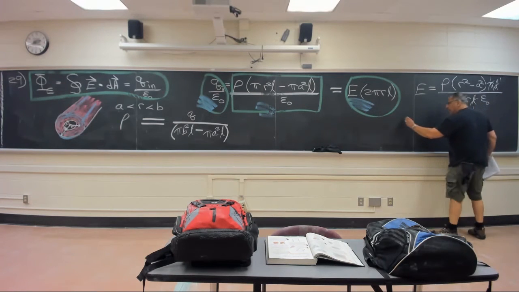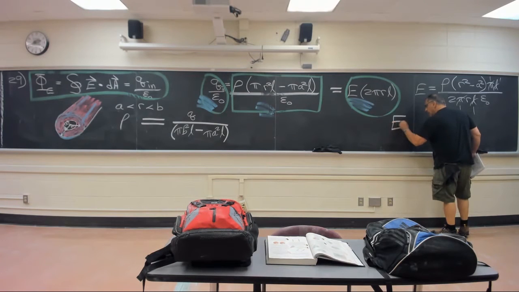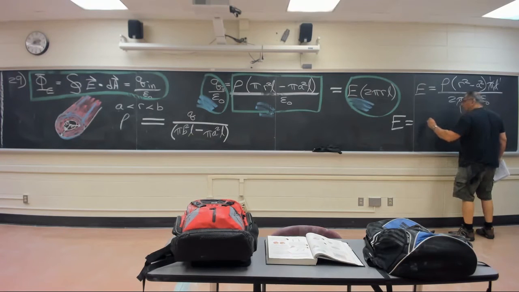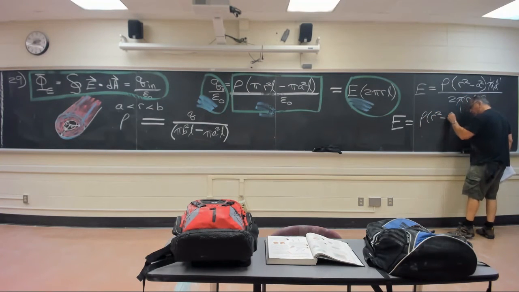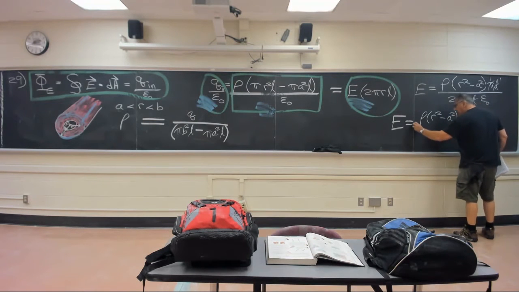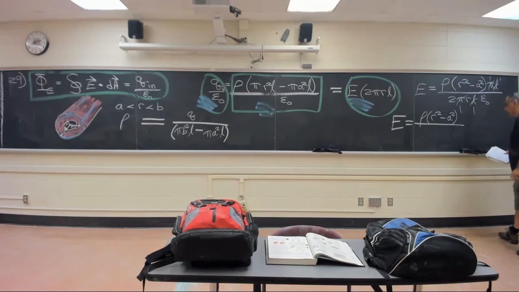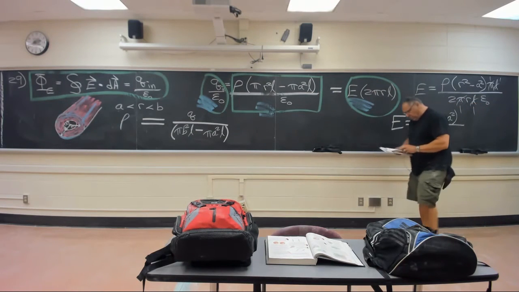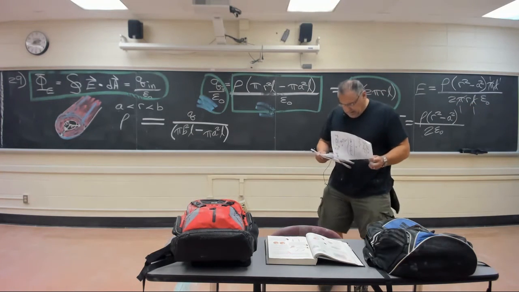Okay, so we got rho of this. Let's see what we got here. Right, and then that's just 2 epsilon naught. Got a feeling I might have done some other stuff with it, but let's just see.